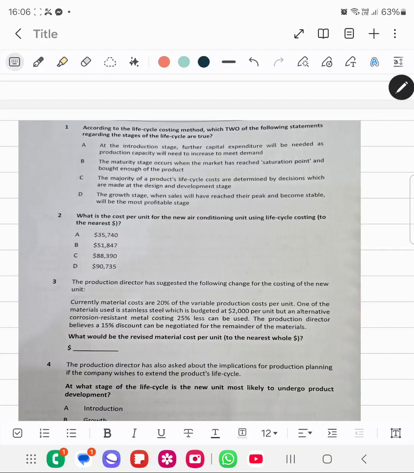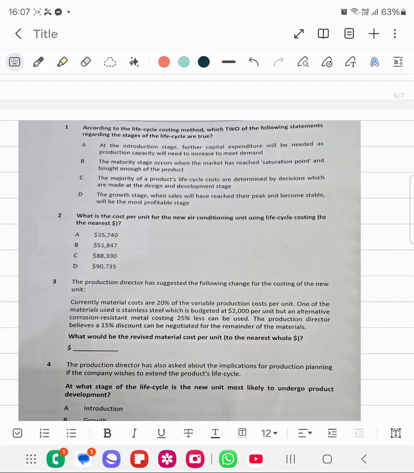Let's read further. The maturity stage occurs when the market has reached saturation point and bought enough of the products. Maturity stage is a stage where the demand has reached the highest level, and saturation point means the demand would start declining.